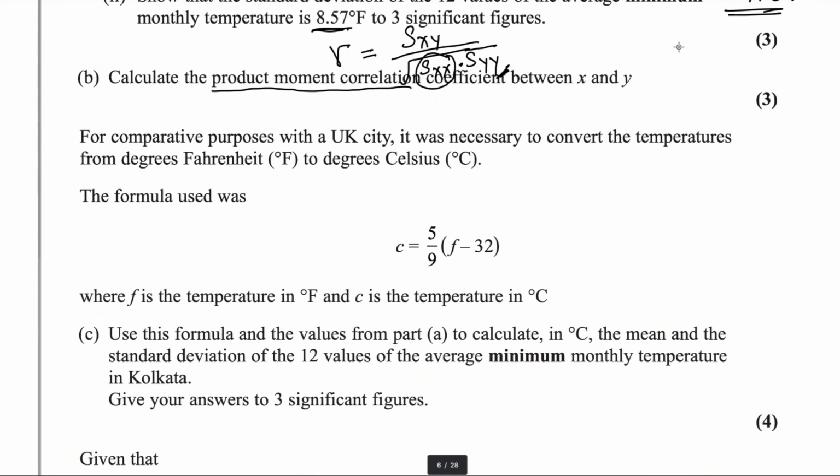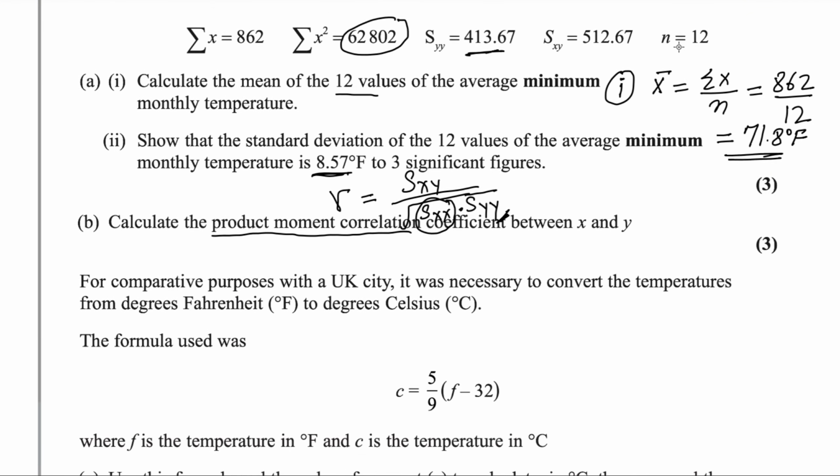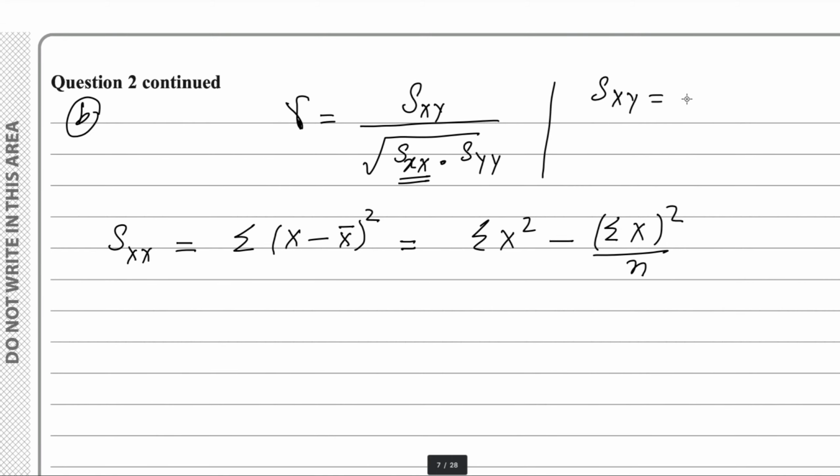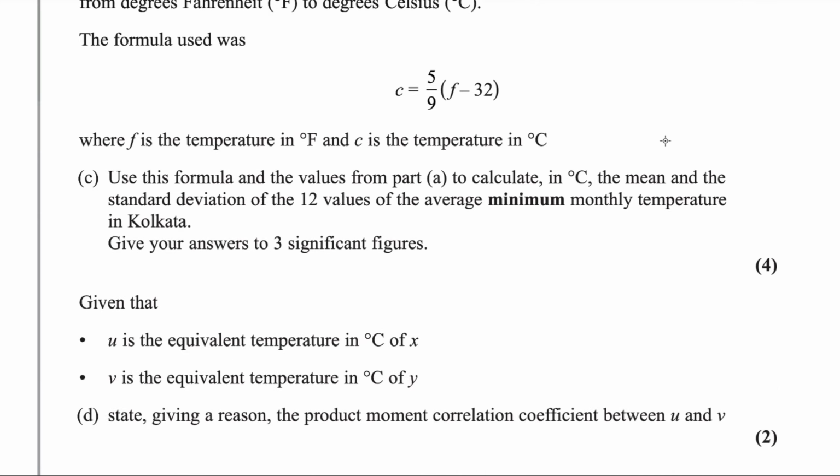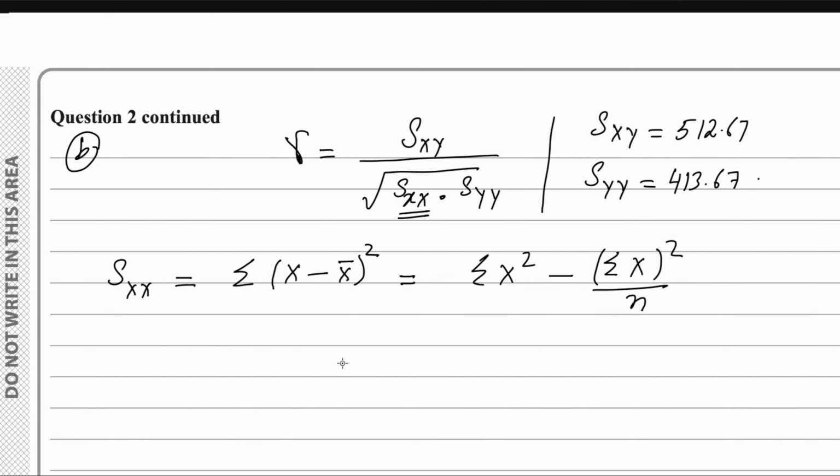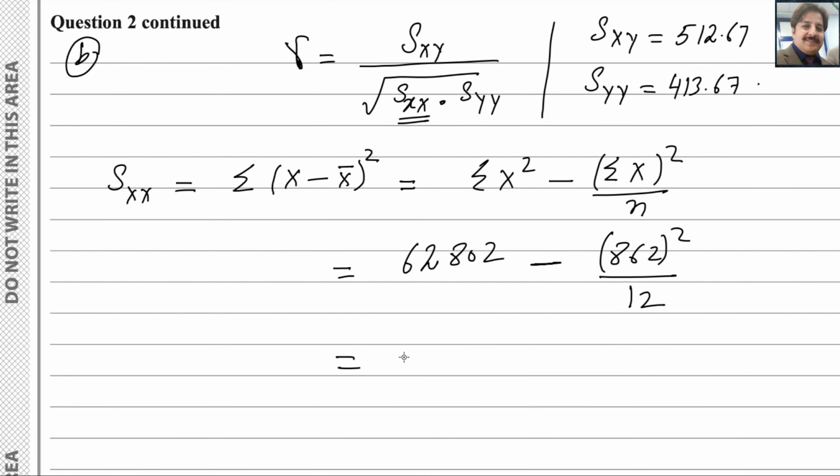Sxy is 512.67, and the value of Syy is 413.67. Now substitute the values: sum of x squared is 62,802, minus sum of x, which is 862, squared, divided by 12. Solving it, we get the answer as 881.67.